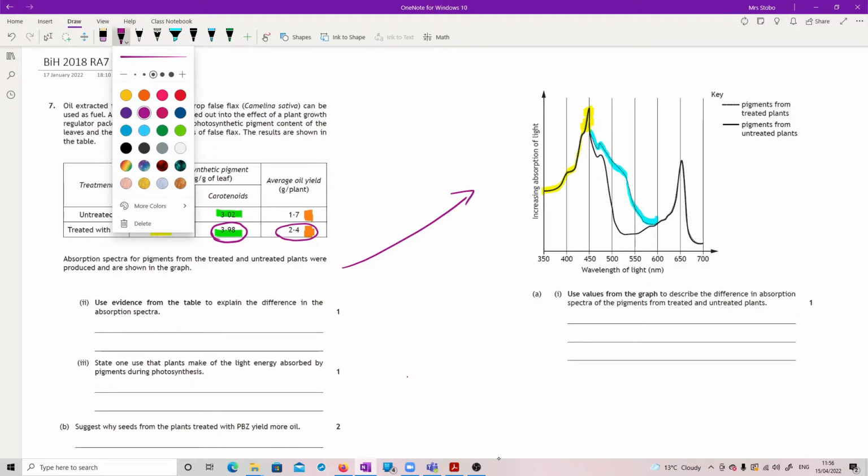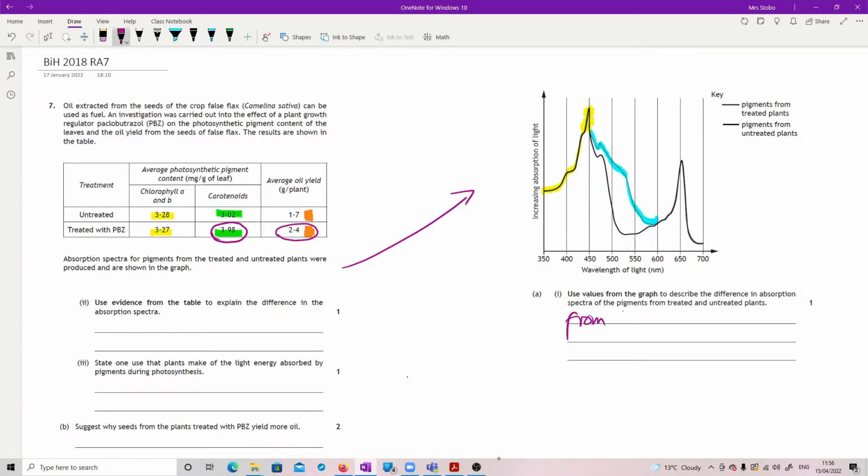So from 450 nanometers to 600 nanometers, the treated plants have a higher absorbance. Greater, higher, increased, whatever. Have greater absorbance. And that's it. As long as you don't get panicked by the fact that that graph looks quite complicated, it's not actually that bad.